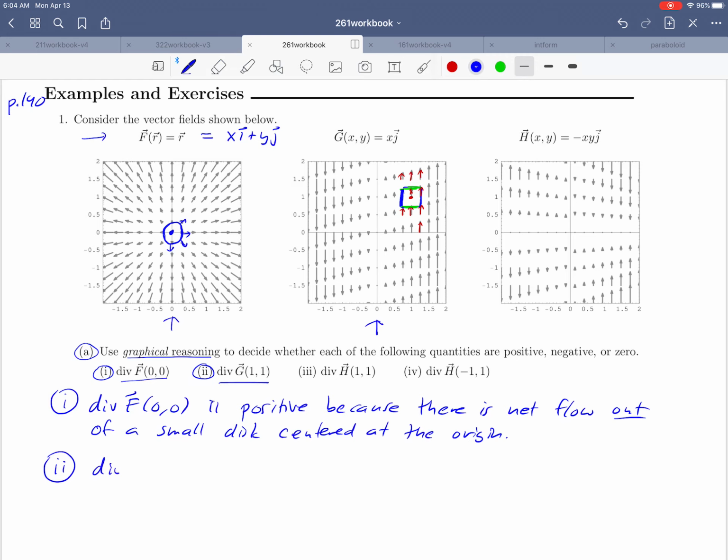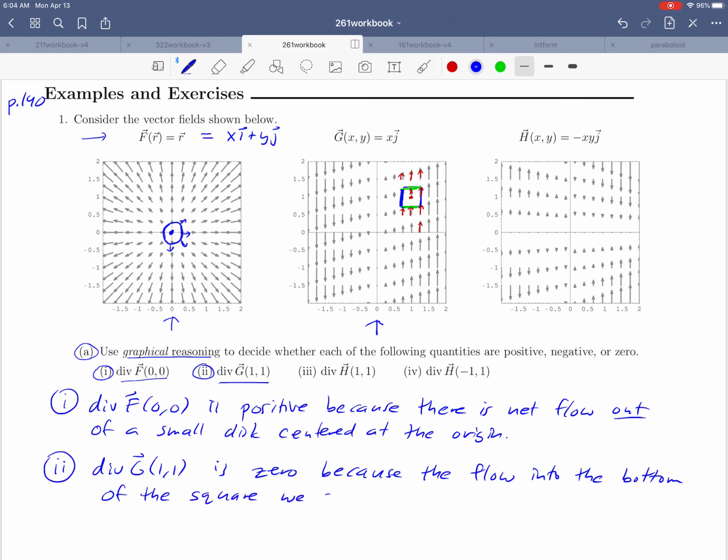Okay, so let's see if we can put that together into one statement here. So the divergence is 0, because the flow into the bottom of the square we drew, and I'm just referring to the diagram above, is the same as the flow out of the top.